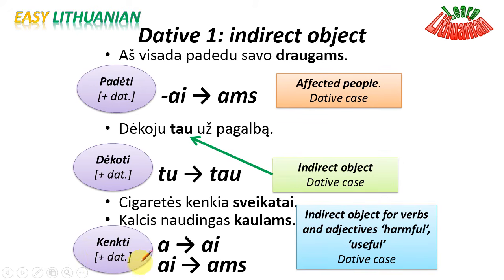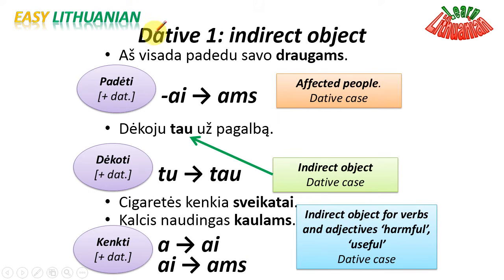So perhaps that's why the adjective derived from this verb also uses dative case, because the verb uses dative case. And there's no such verb for to be useful for. Only the adjective is used. So remember that the adjective useful or good for is used with dative case. Kaulai turns to kaulams.